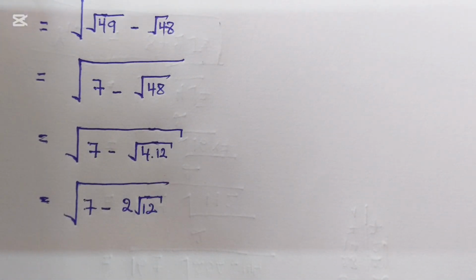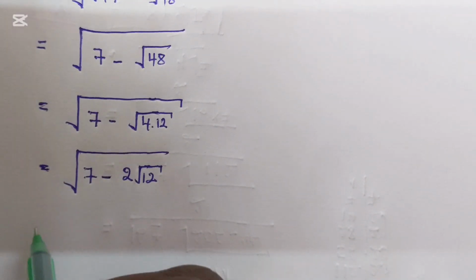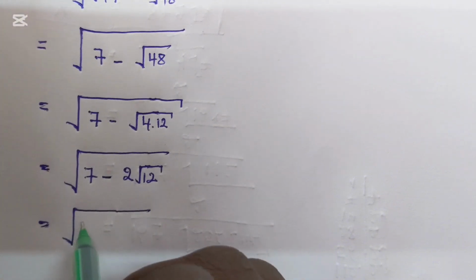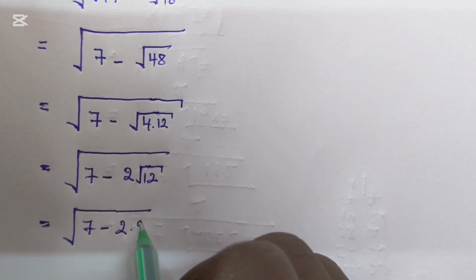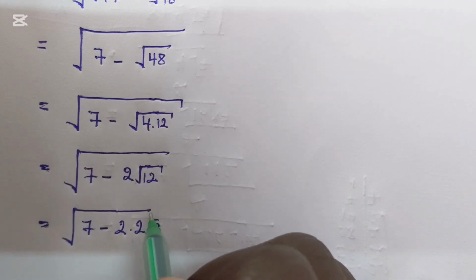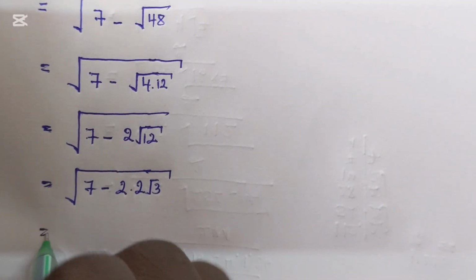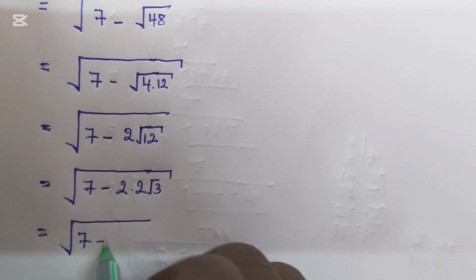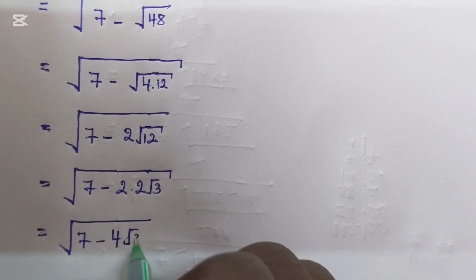Okay, and of course in this square root we have another one. This is equal to 7 minus 2 times 2 square root of 3, okay, to be equal to square root of 7 minus 4, okay, square root of 3.